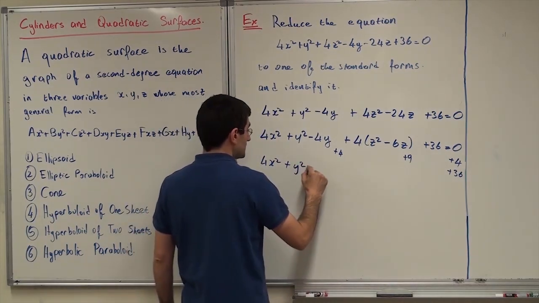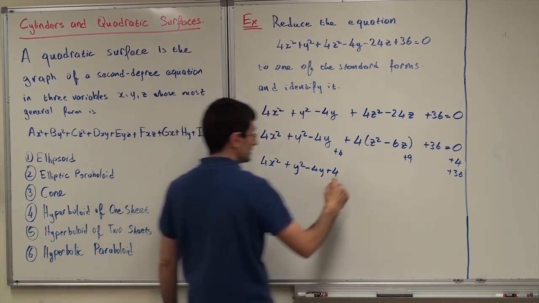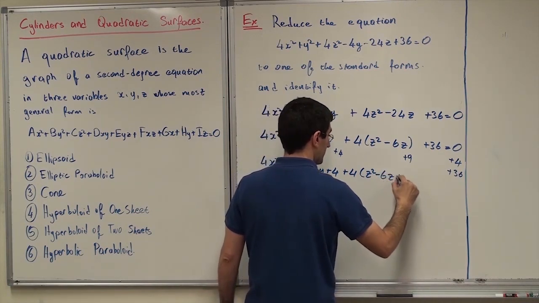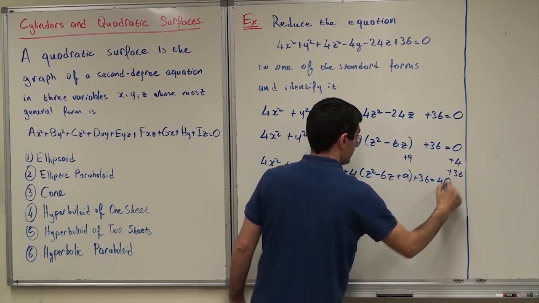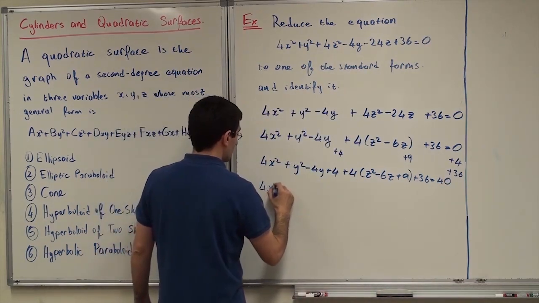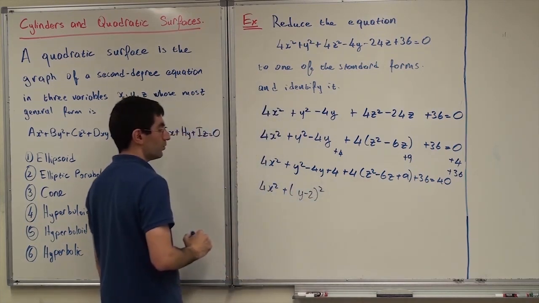So let's rewrite our equation one more time after we have added these constants. I can complete the terms with y in it into the parenthesis square of y minus 2.